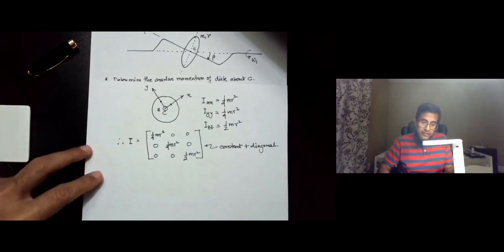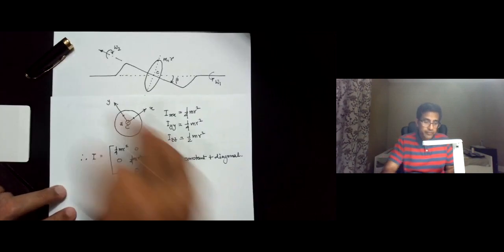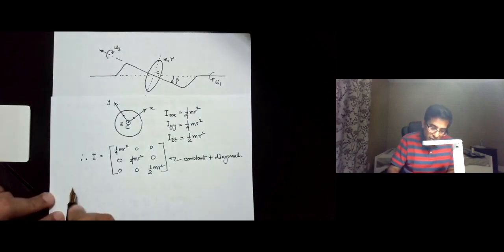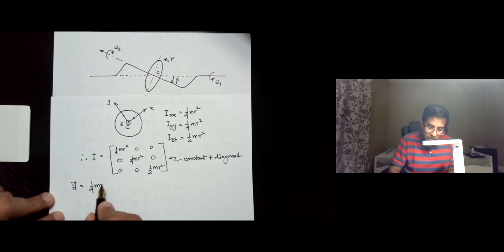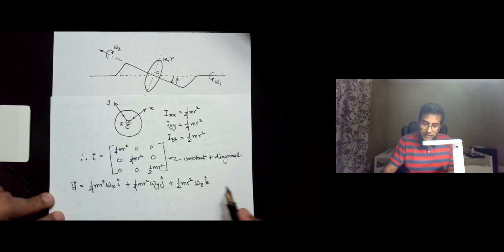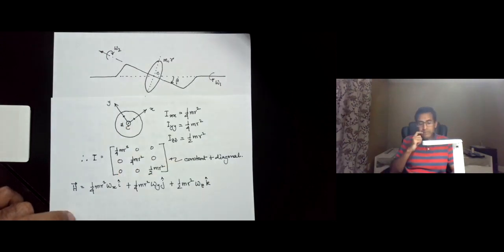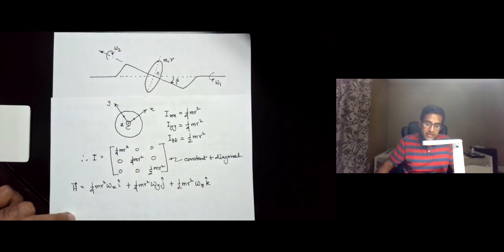So essentially our angular momentum is going to be equal to 1/4 mr squared omega x i plus 1/4 mr squared omega y j plus half mr squared omega z k, where i, j and k are the unit vectors along this body-fixed x, y and z.